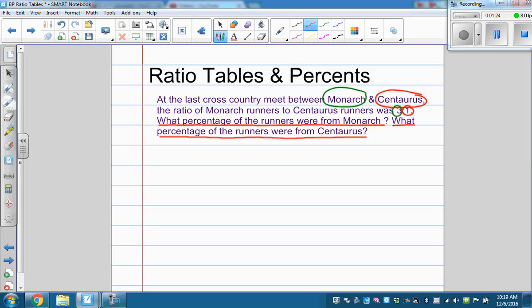So in this problem, when we talk about a part to whole comparison, we have two parts. We have part one, which would be the Monarch runners, and then we have part two, which is the Centaurus runners.